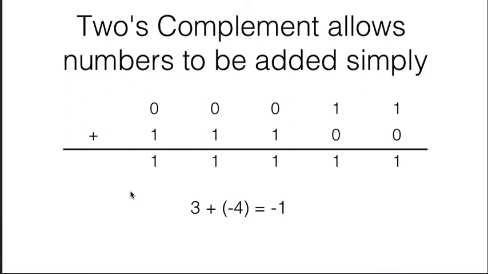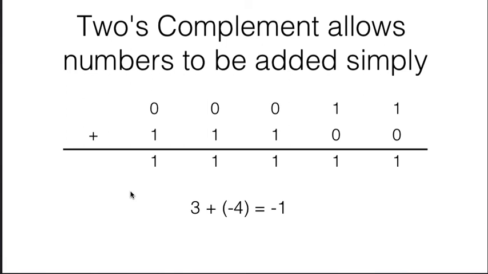So here we have 3 plus, well, is that minus 4? What would 4 be? 4 would be just 1, 0, 0, wouldn't it? Yeah.